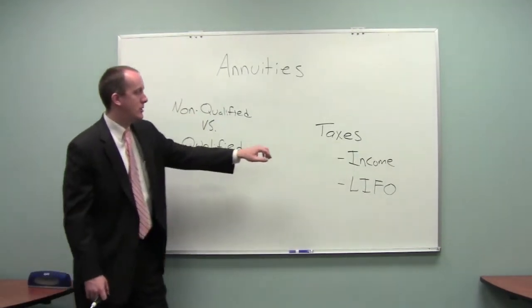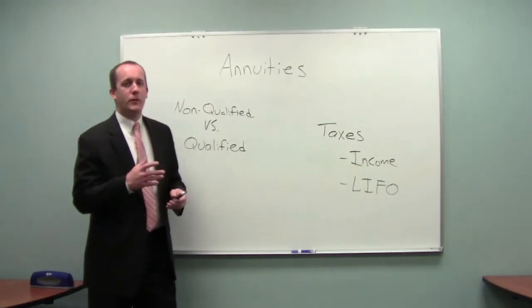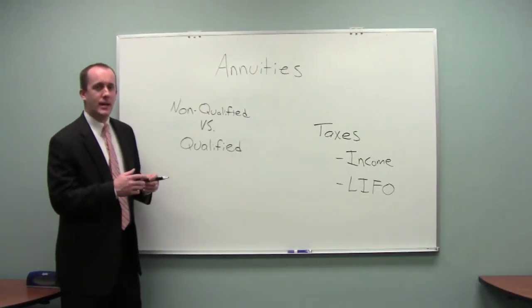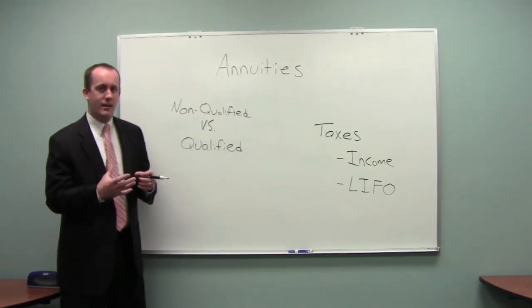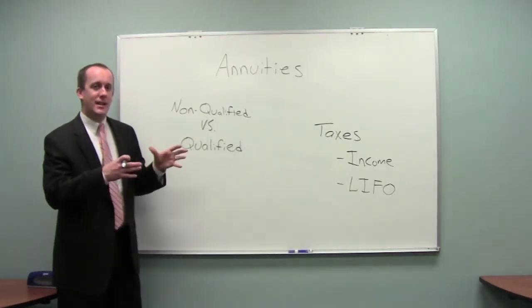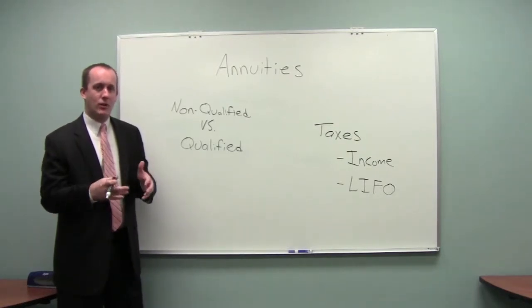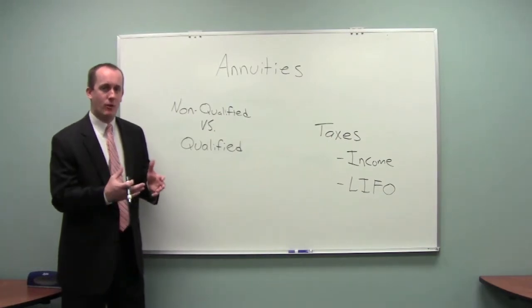Now, when it comes to taxes on annuities, one of the most powerful things to know about annuities is you can take taxable money, non-qualified money in other words, place it in an annuity account, whether it's variable, fixed, or equity indexed, and you can tax shelter that money. You can tax defer it.